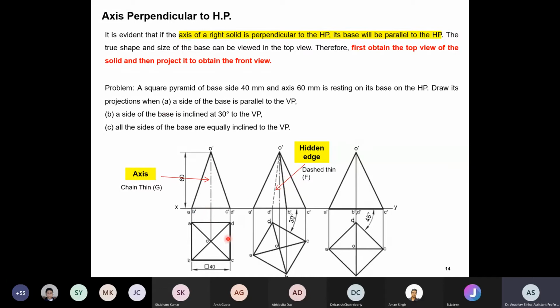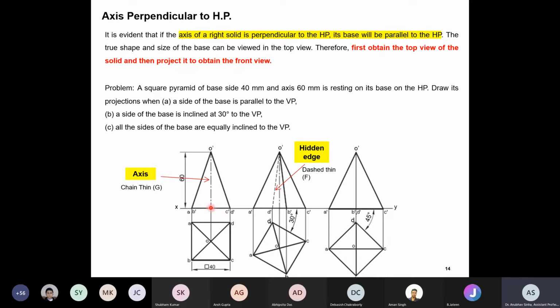With the given information, I will make the top view a square with 40 mm edge. Now, let's start projecting it. From that, I have to make a triangle basically. In the front view, you will see a triangle. You know the height. You know where this edge is meeting here. So from here, you will have these points.